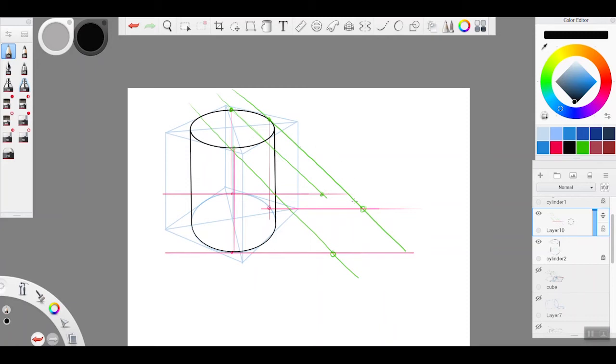Now, because we have these lines, we know that these lines correspond to roughly the center of the ellipse. And we know that because this is tangent to the far edge, we can draw an ellipse that is then tangent to this first angle line that we drew here that's on the far right. So I'm going to go ahead and ghost this ellipse in.